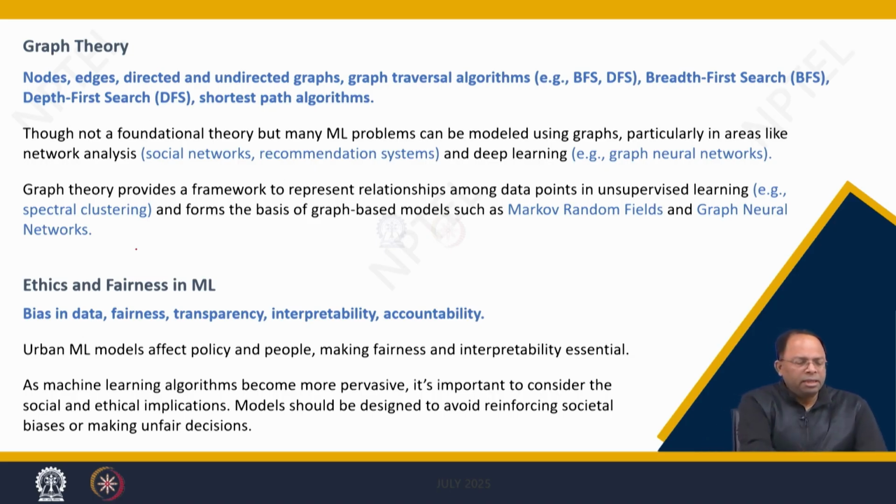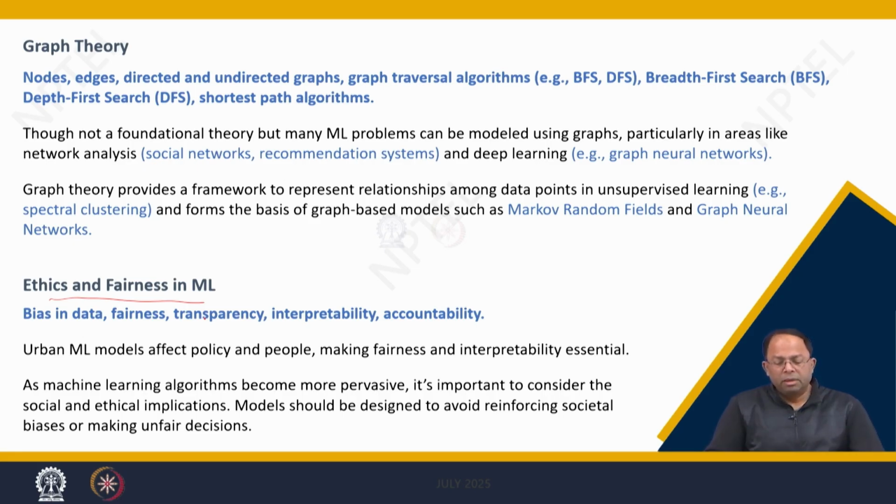Now again, after that we come to something called ethics and fairness in machine learning. Every day we are seeing machine learning models coming up and being increasingly used in automating several predictions. So we have to be careful that there is ethics and fairness in its application. That means all the different ethical and social implications have to be considered when we are applying machine learning models.